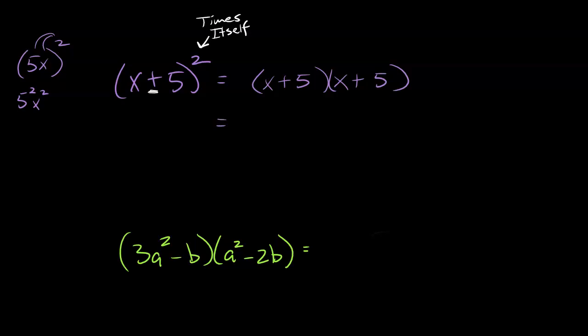I'm going to do x times x. I'm going to do x times 5, that would be the outsides. And then I'm going to do the insides, 5 times the x, same thing. And then the lasts are going to be 5 times 5. So I get x squared plus 10x plus 25.